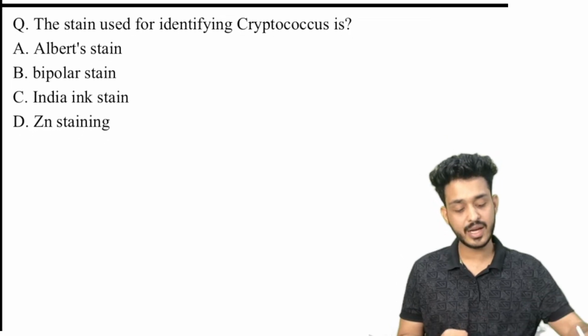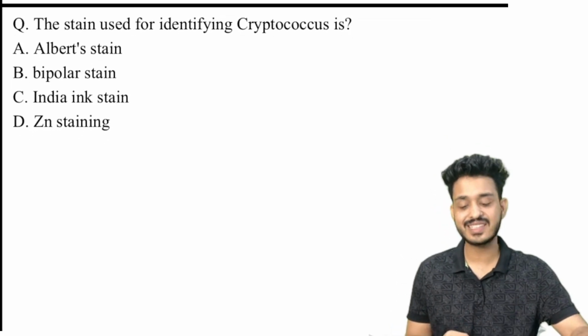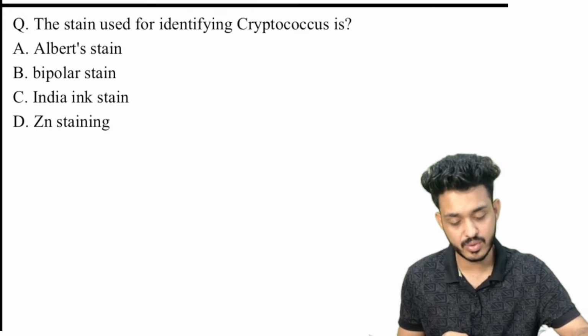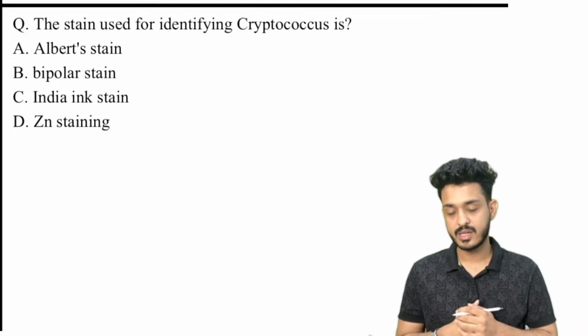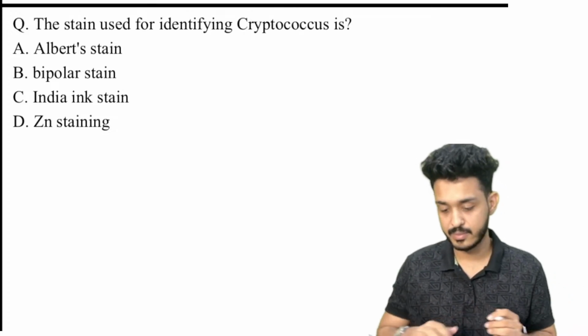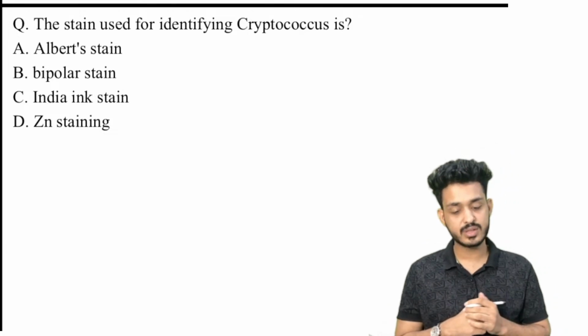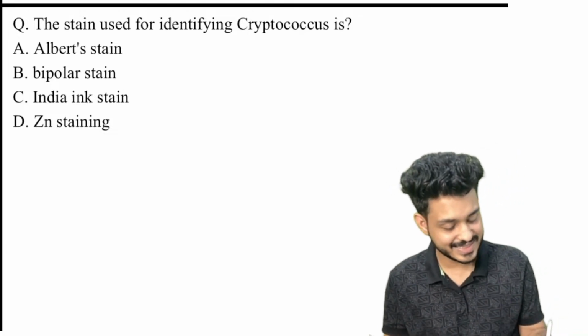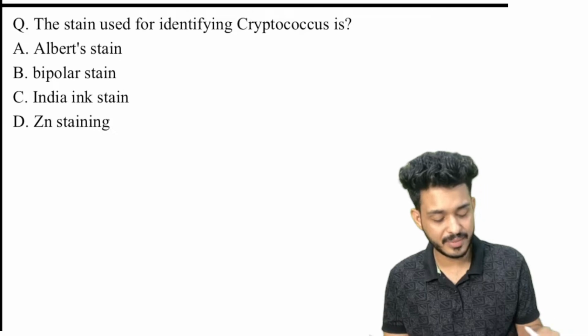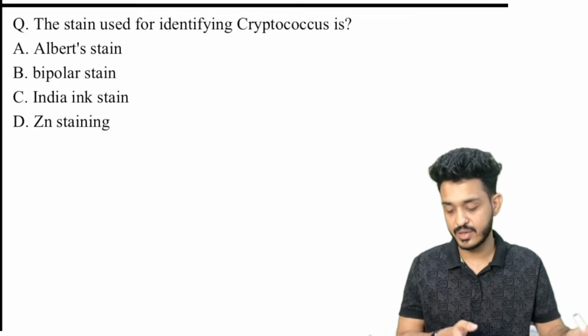The stain used to identify Cryptococcus is, what is the stain that we are using to identify Cryptococcus? Is Cryptococcus a bacteria or what? And what is the disease that Cryptococcus is causing? It is a fungus, right?